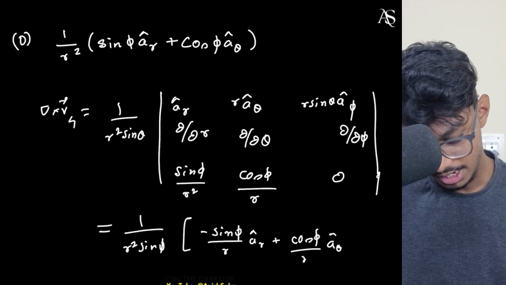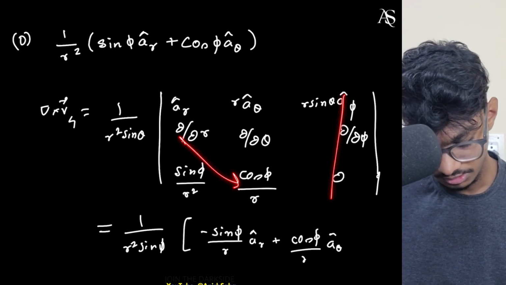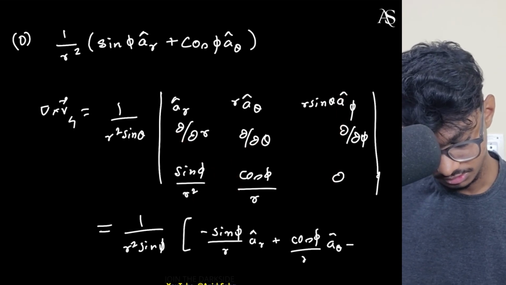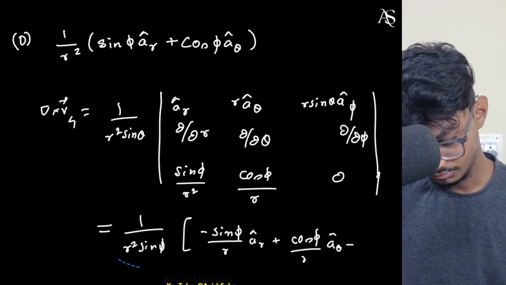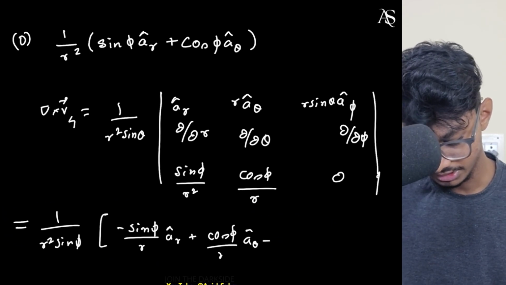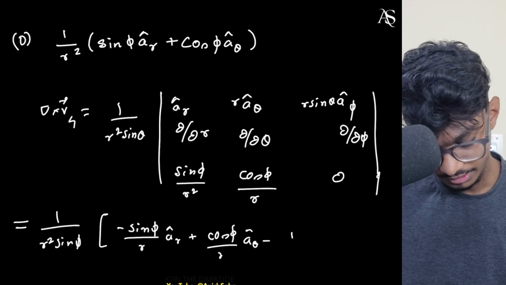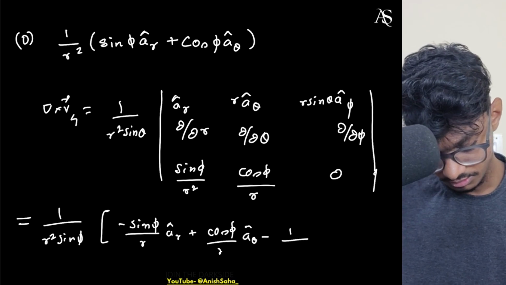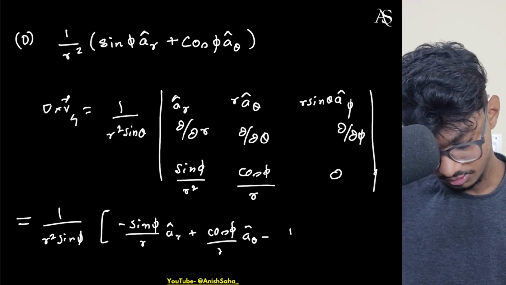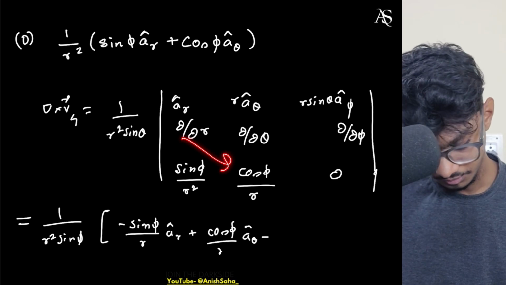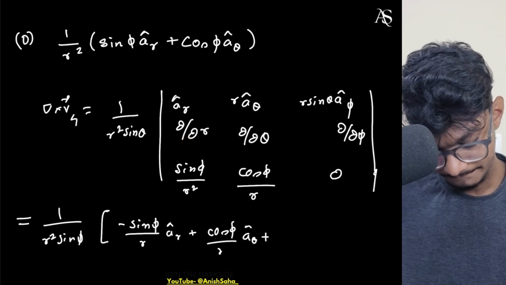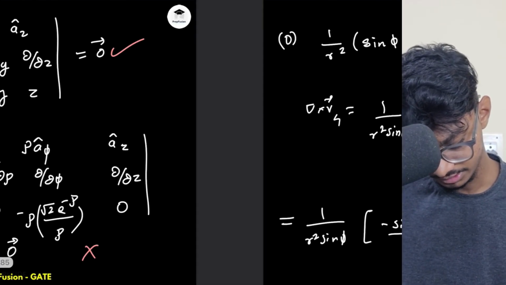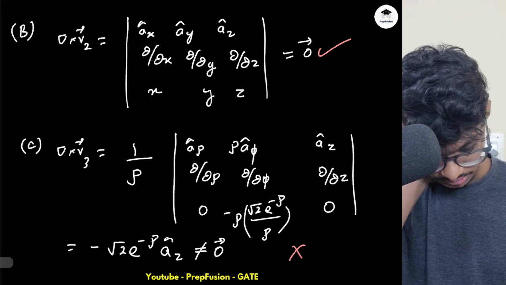Okay, and this portion will be minus 1 by r square, and theta is 0. Actually this is also non-zero, so we cannot express this. I forgot there is a minus sign here actually.